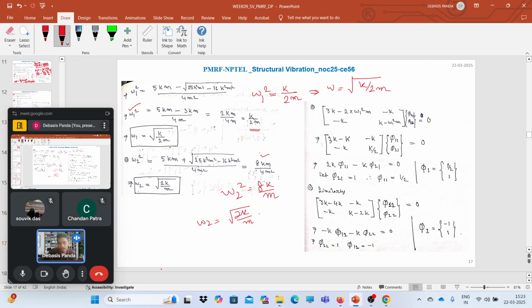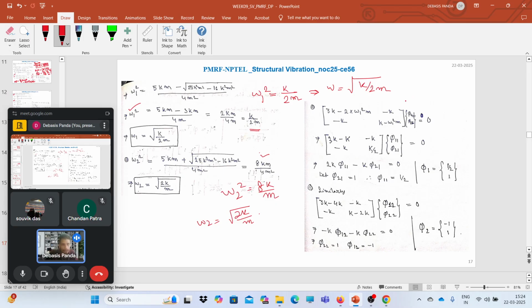That means we need to do that mass normalization. So we now have our omega 1 square and omega 2 square values. Corresponding to each of them, we need to find the mode shapes. It's a simple eigenvalue problem. We already found the eigenvalues, and we need to find the eigenvectors.